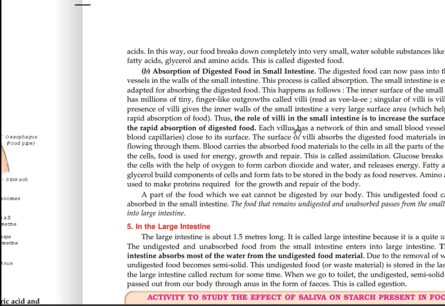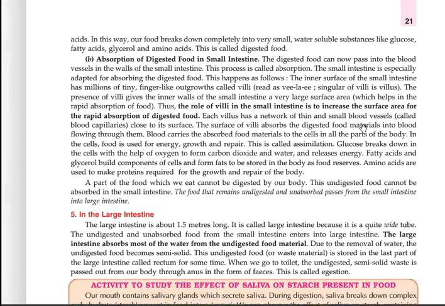The main role or function of villi is that it increases the surface area of the small intestine for the rapid, means fast, absorption of nutrients from the digested food.